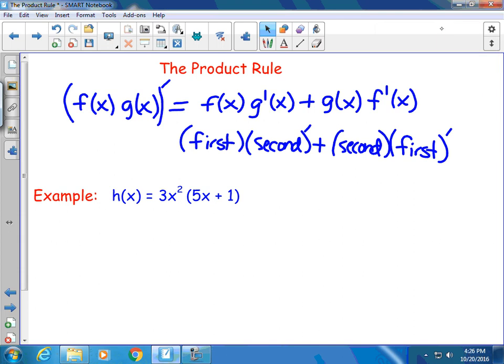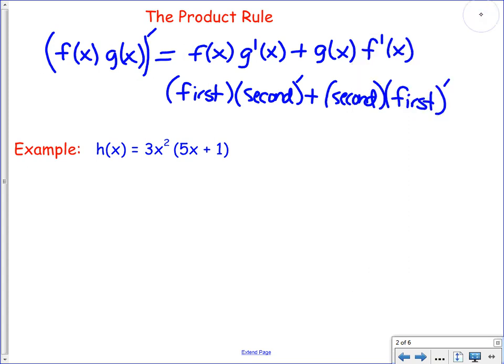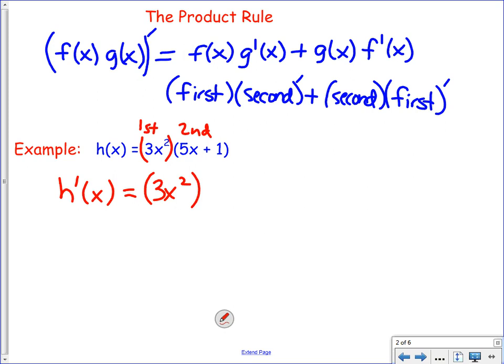Okay, so let's look at this same example, but now let's find the derivative using the product rule so you can see what happens. Oh, let me close this. There we go. All right, so in this case, your first function is 3x squared, and the second function is the 5x plus 1. Okay, so h prime of x would equal the first function times the derivative of the second function.